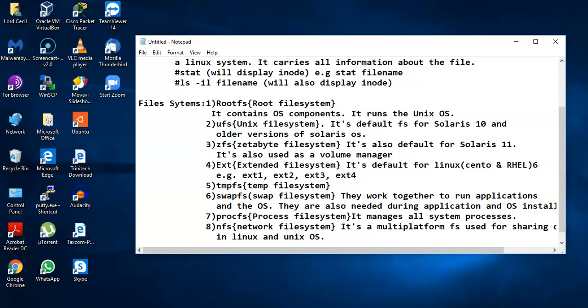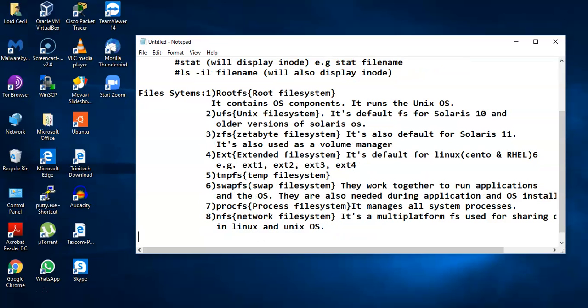And another one is called XFS, the default file system for Red Hat Linux 7 and CentOS 7.